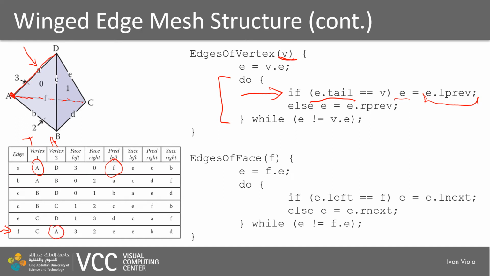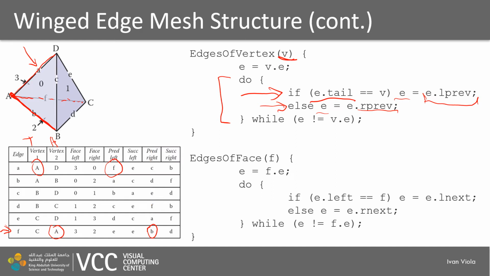So we need to go into the else, and we are now setting the edge to the right predecessor. The right predecessor of F would be the B. Okay, so we have the B, and we have now found all three edges of our vertex.